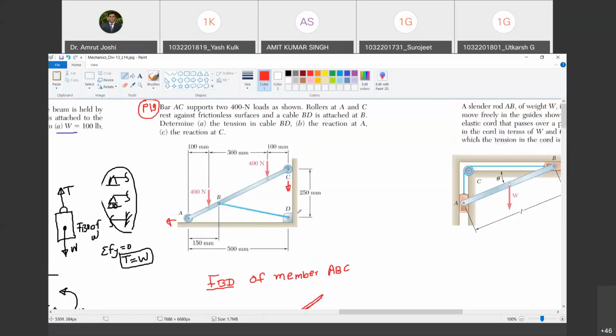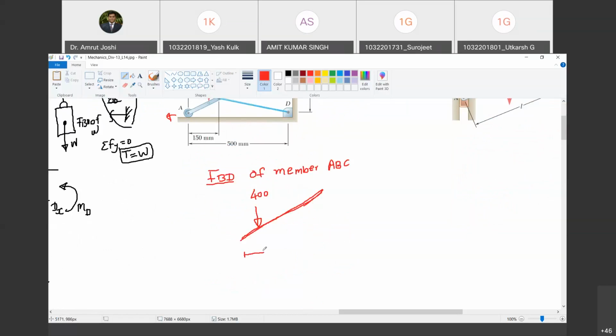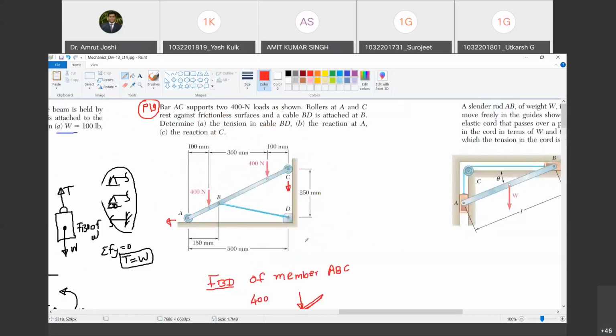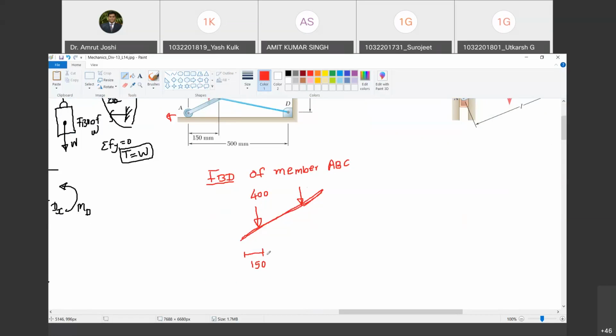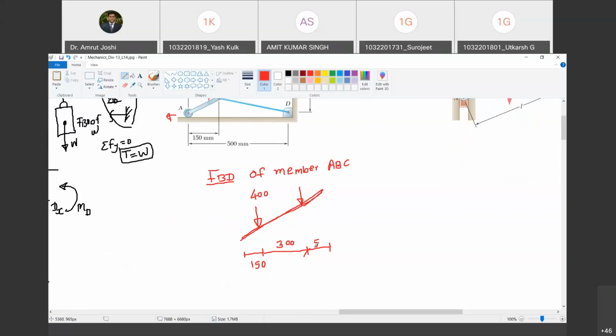Now, where is the 400 Newton force acting? The first 400 Newton force acts at a distance of 150 mm from here. Do you agree? Yes. The second force acts at a distance of how much? 450 mm. 100 from this end. 300. Yes, this is 300. And this distance therefore now will be 50 mm. Do you agree with me?